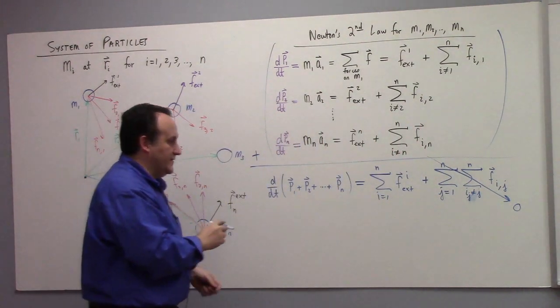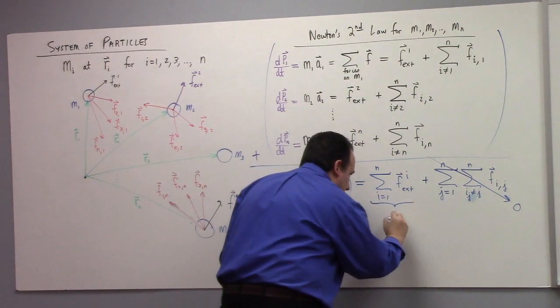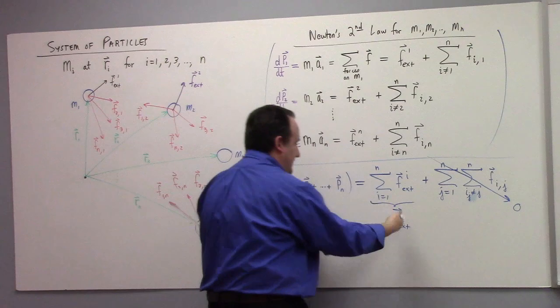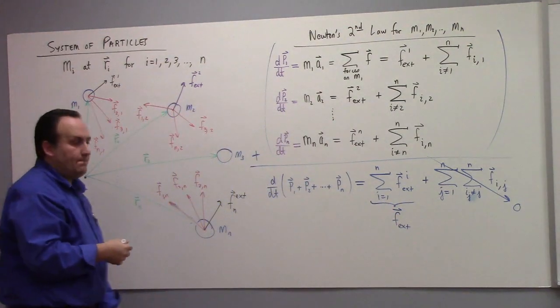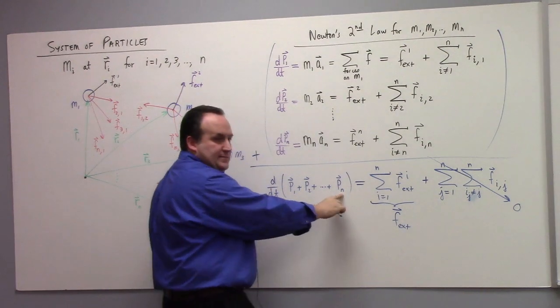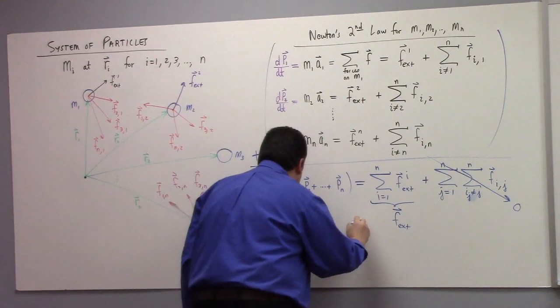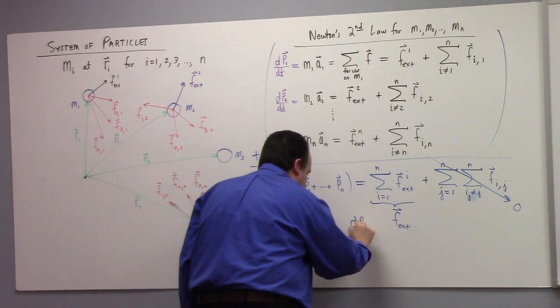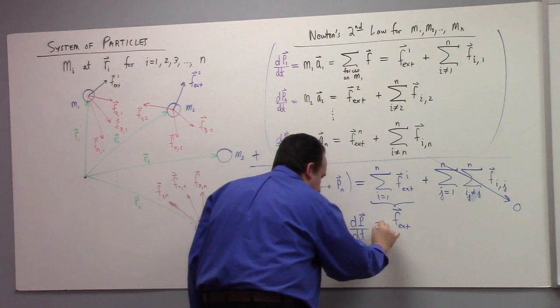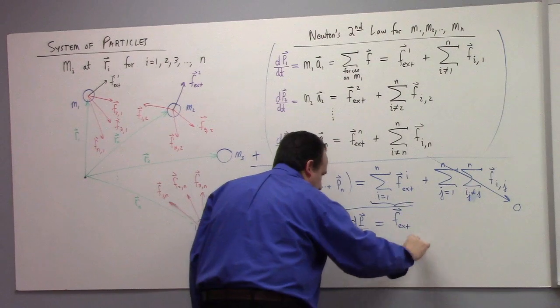So we have this beautiful result right here. This is the net external force, which we could just call the external force on the system. And we're going to call this the net momentum. So the time rate change of the total momentum for the system is just equal to the external force on the system.